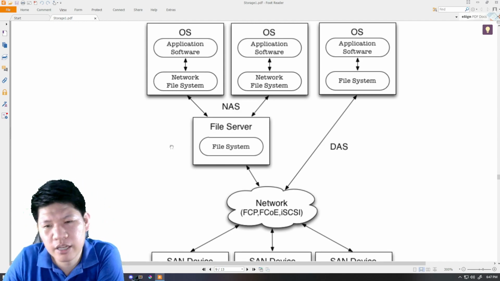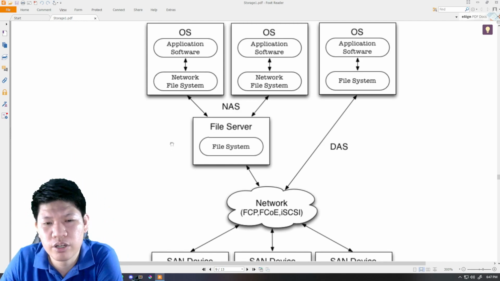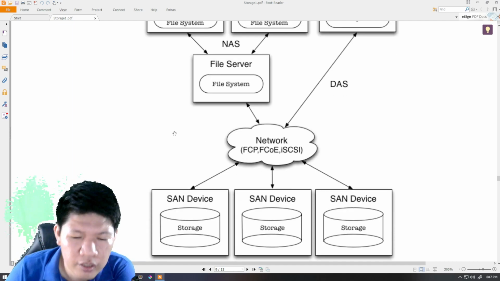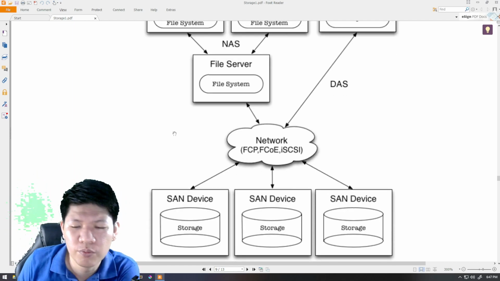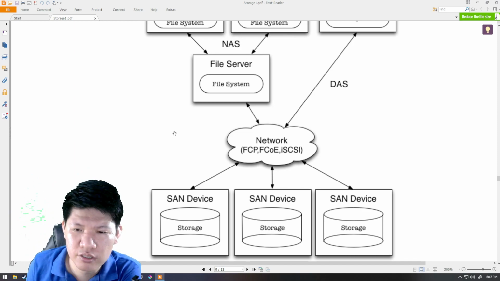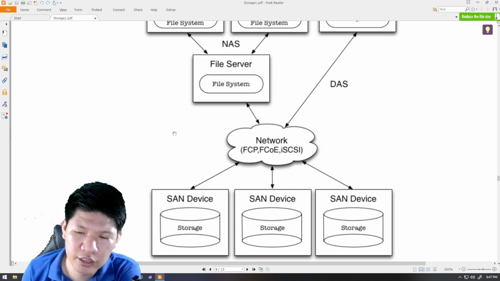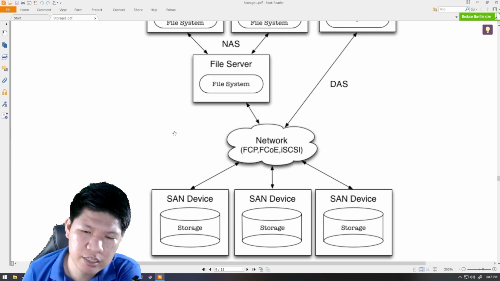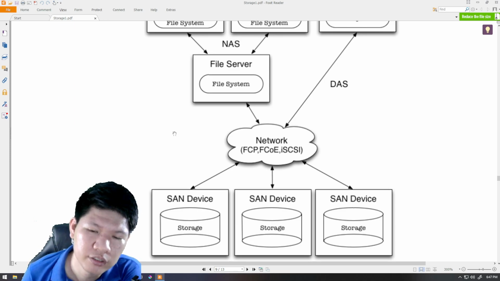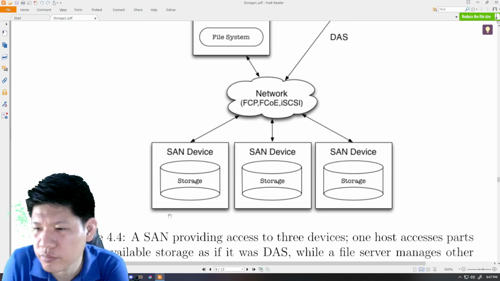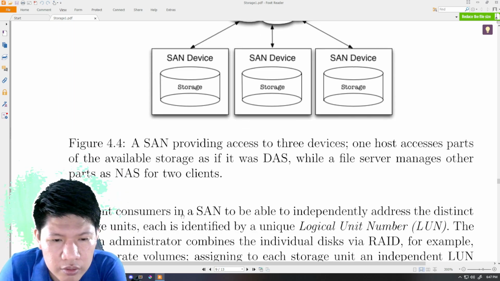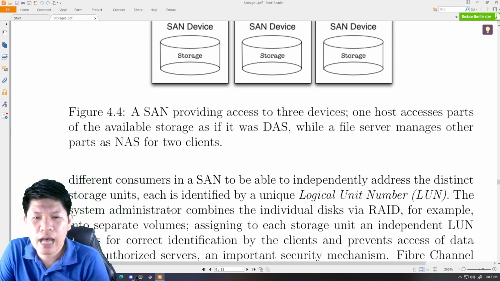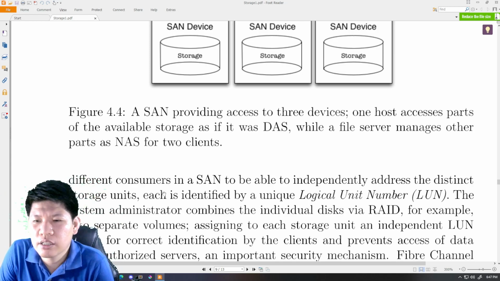If the file is either in direct attached storage or a file server, the storage area network will look for an available space that can fit your entire file in the fastest possible way. So a SAN provides access to devices.